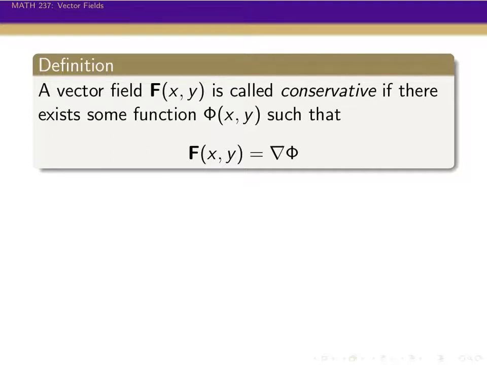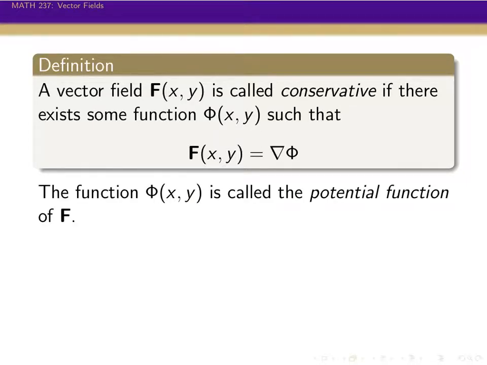So a conservative force has a conservative vector field. In this setting, the function phi, such that when we take the gradient of phi we get f, is what's called the potential function of f. And potential there is related to the idea of potential energy for a conservative force.